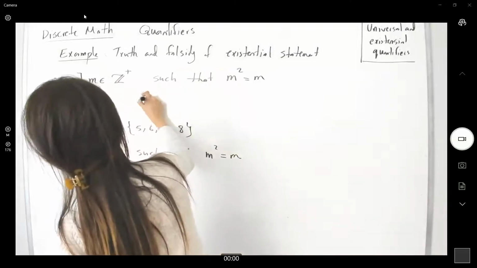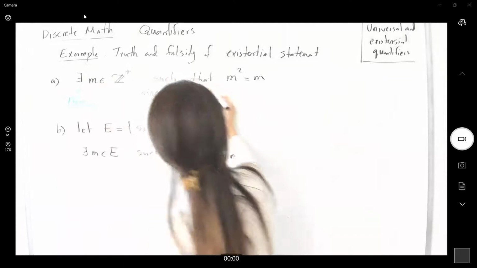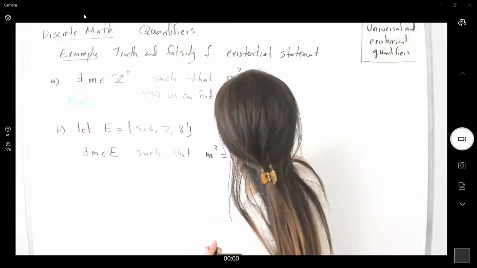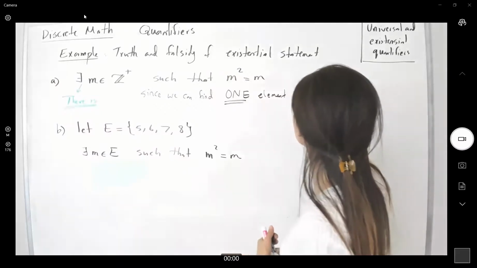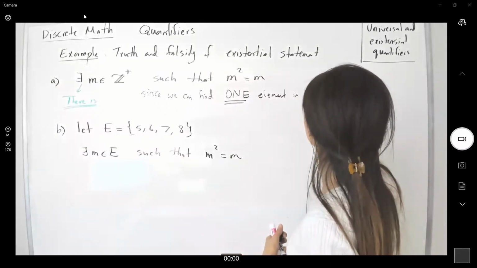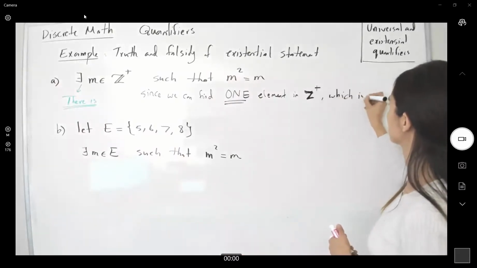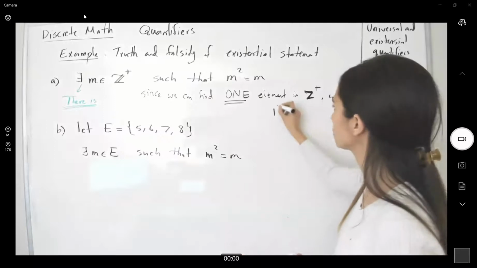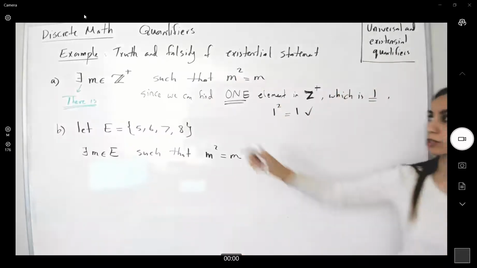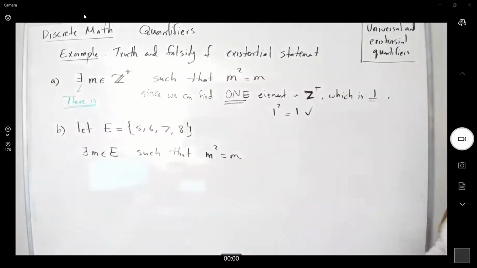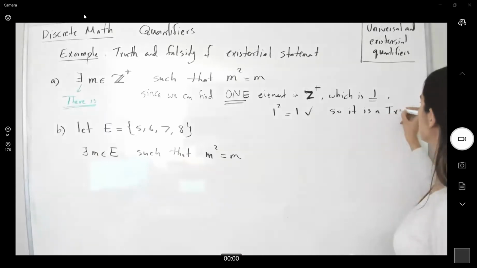We can find one member in the set of positive integers, which is 1. 1 squared is equal to 1. That's satisfying this predicate. So this statement is a true statement.